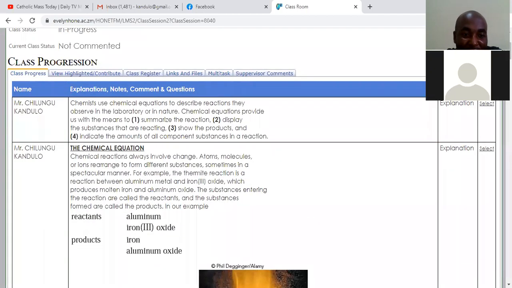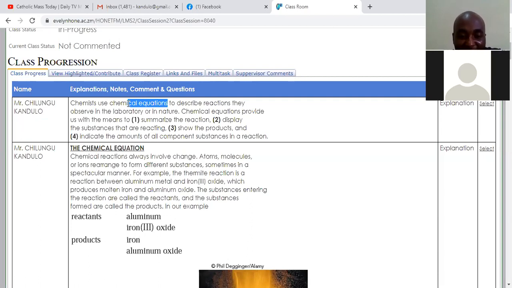So the statement is scientists use chemical equations to describe reactions they observe in the lab and in nature. So a scientist will present something that is happening in the lab or a natural phenomenon, and it's explained as a chemical reaction. So what do chemical reactions give us? They give us the means to, one, summarize reactions. It's easier to understand what is really going on if you have the chemical reaction there.